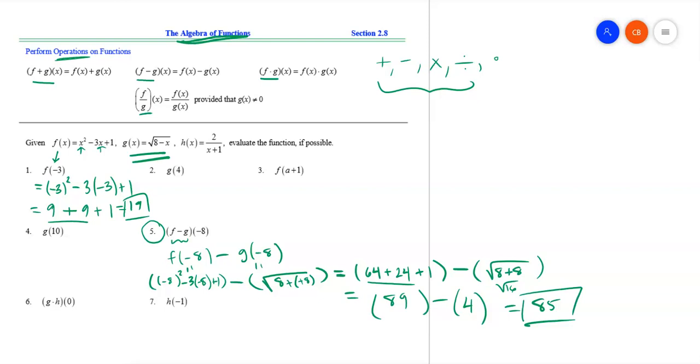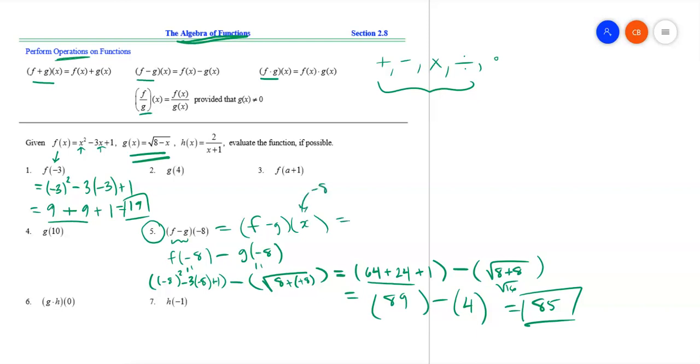Now, another way that we could think about doing this is to first find f minus g of x and come up with an expression for this one, and then after we've done it, plug in negative 8 for x.